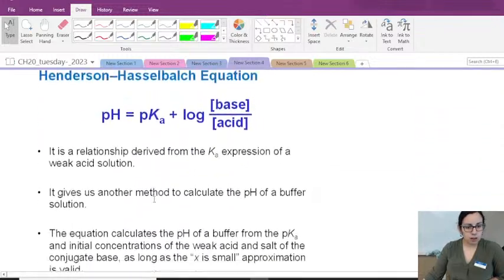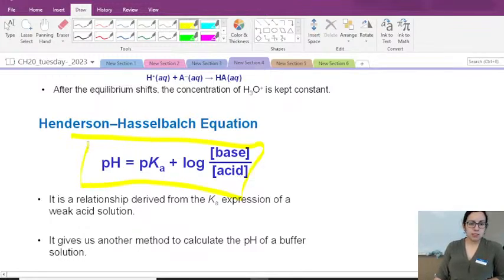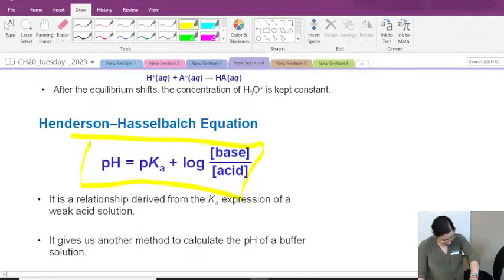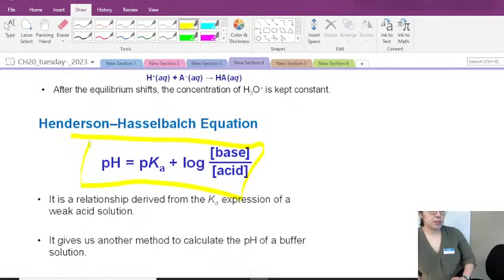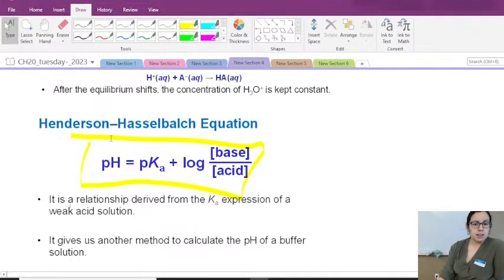So we're kind of running out of time, which is unfortunate. So let's leave off with this Henderson-Hasselbalch equation. And so this is probably the easiest way to calculate your pH of a buffer solution. And so notice, right, your pH is your pKa plus the log, and notice it's base over acid in this case.